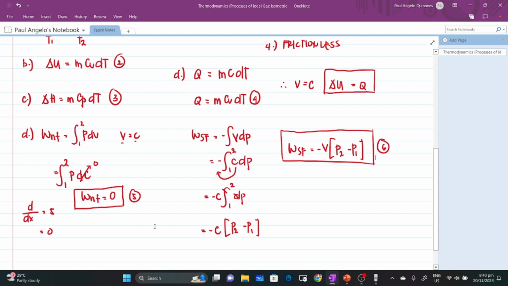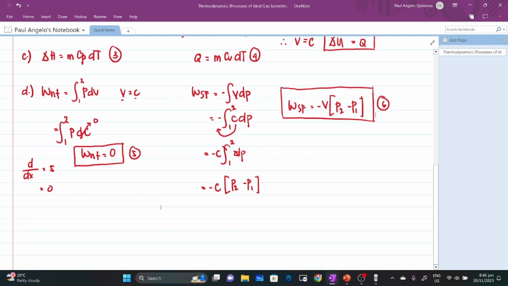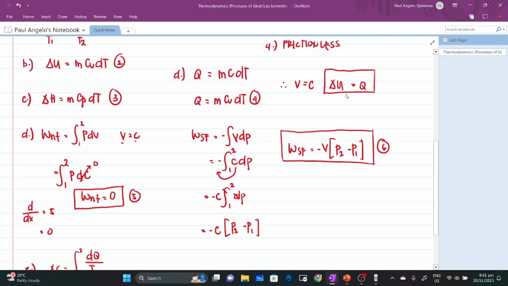Okay? Next, letter E. This is the change in entropy, which is given by the integral of dq over T from point 1 to point 2. As we've mentioned earlier, here q is equal to delta U, which is given by this equation, m Cv dT.